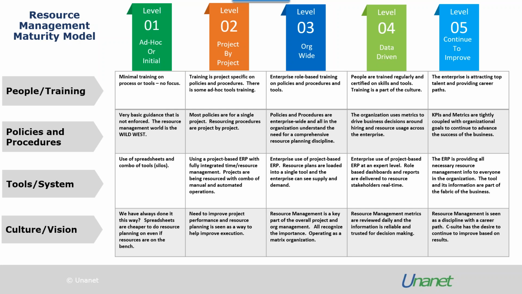Now, the organization is most likely starting to use a best-in-class ERP tool like Unanet, and projects will be resourced, most likely somewhat with manual activity, but starting to have some automation. The organization also recognizes that labor and resources really are the main source of revenue, and they really need to optimize them.